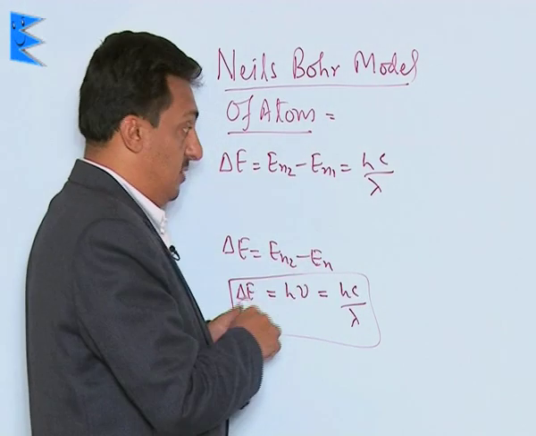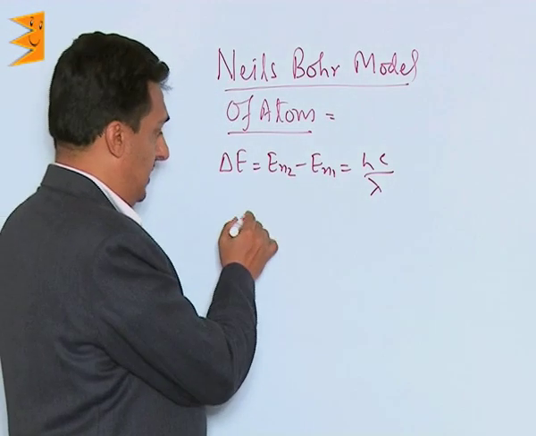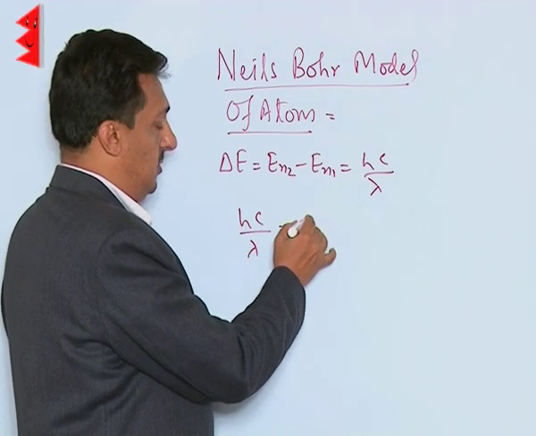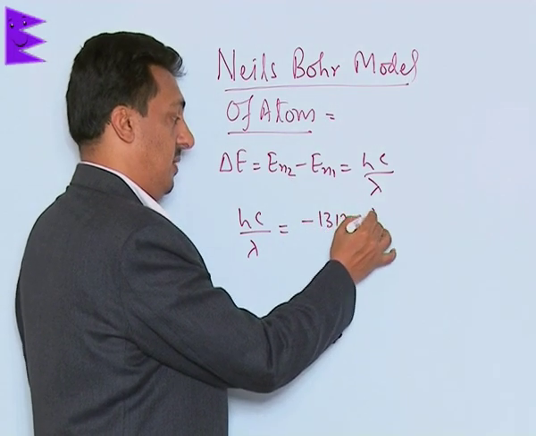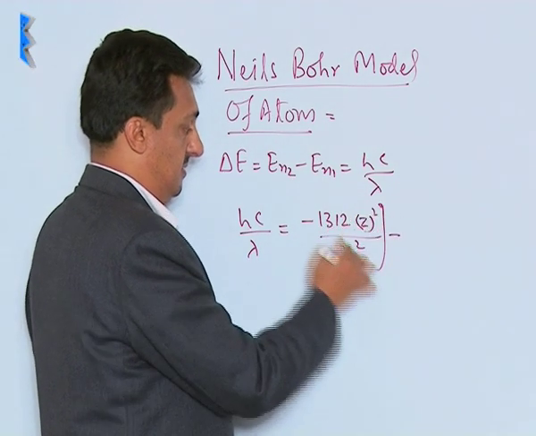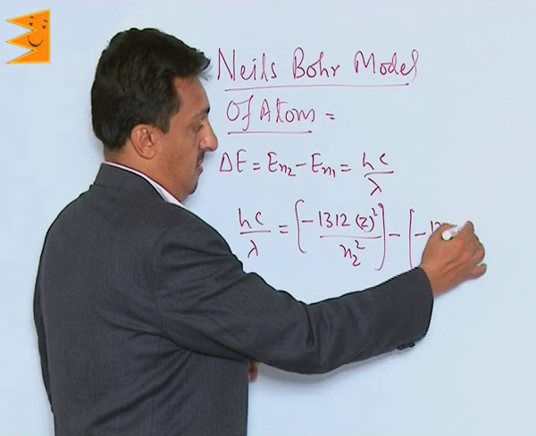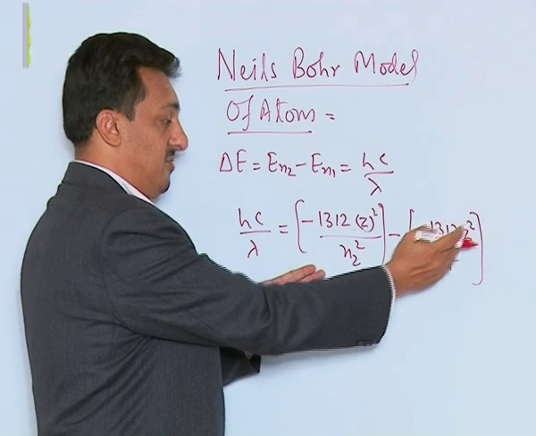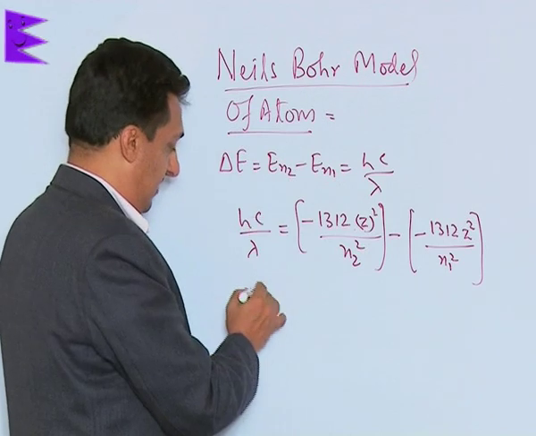If we have to find out the wavelength, we can write hc over lambda, and it will be equal to minus 1312 Z square over N2 square minus minus 1312 Z square over N1 square. When we solve this, N square terms are written as such, and 1312 and Z square are taken out common. hc is taken out like this.